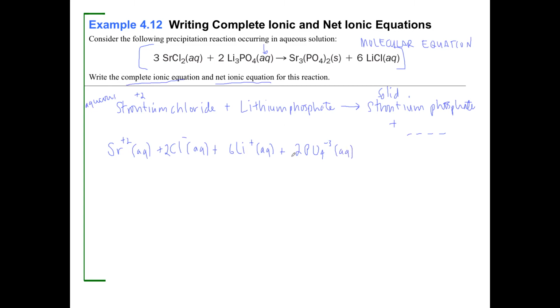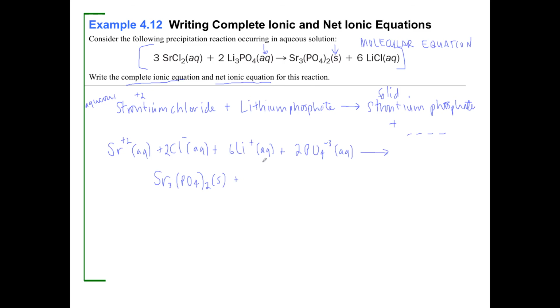It's not unusual to run out of space when we're doing the ionic equation, so I'm just going to come down here. And it looks like the strontium and the phosphate are together now, so we can't separate them. They're together. They precipitated.